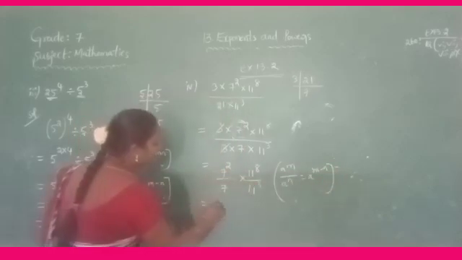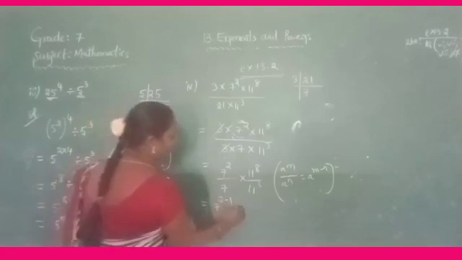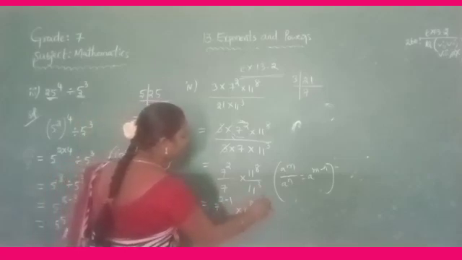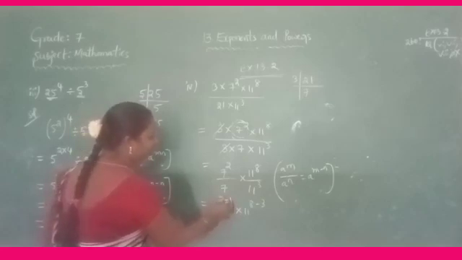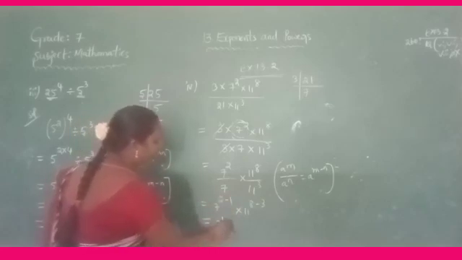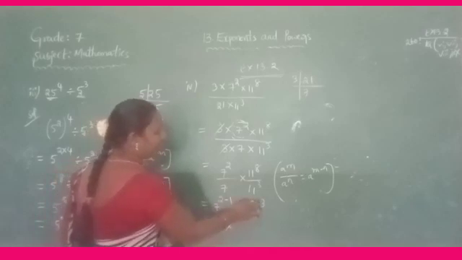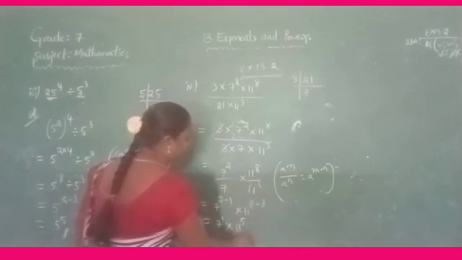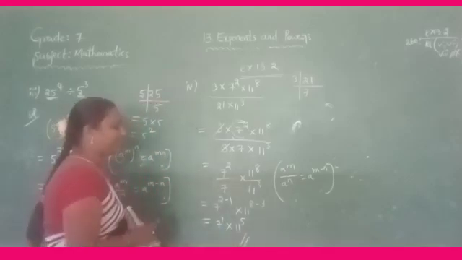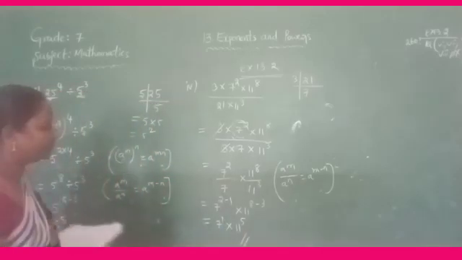Bases are same. Now I am writing this using the law, 7 to the power of 2 minus 1 into 11 to the power of 8 minus 3. 7 to the power of 2 minus 1 is equal to 7 to the power of 1 into 11 to the power of 8 minus 3. 8 minus 3 is equal to 5. So what is the answer? 7 to the power of 1 into 11 to the power of 5.